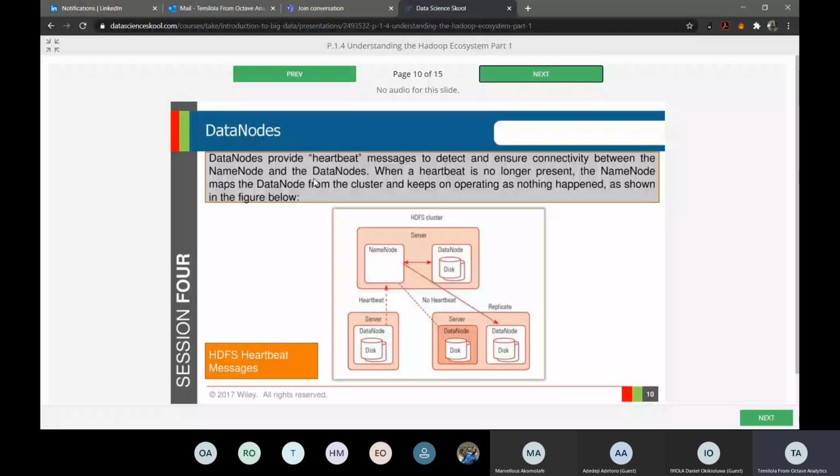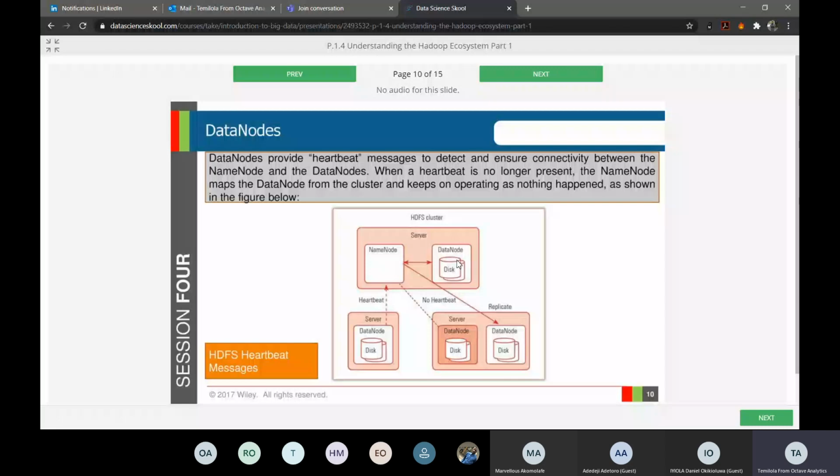Yeah, heartbeat messages. So if you look at this diagram here, on your master rack, which is your master server, you have the name node, you have the data node. You notice this name node is communicating with this data node. Then on another rack, you have this data node. They are not showing any name node there. You have this data node, you have this data node.